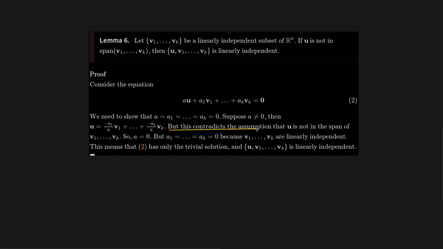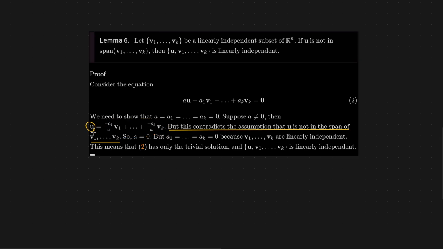But this contradicts the assumption that u is not in the span of v1 to vk, right? The condition of being in the span is that we would be able to express the vector as a linear combination of the v's, and that's exactly what we've done here.